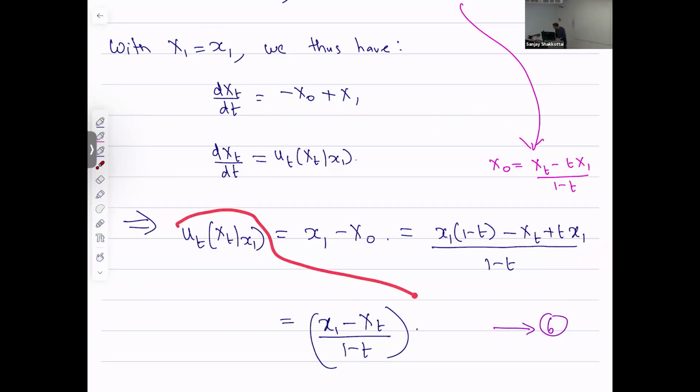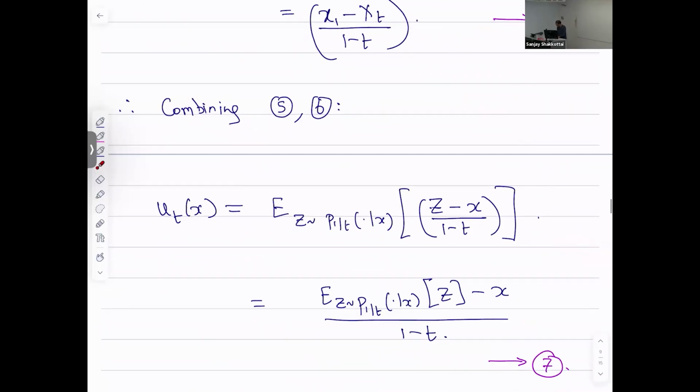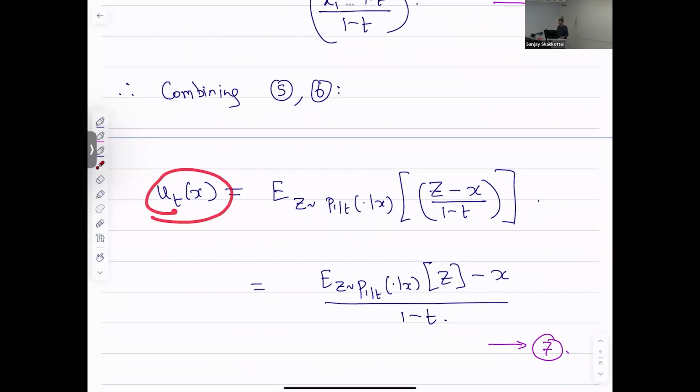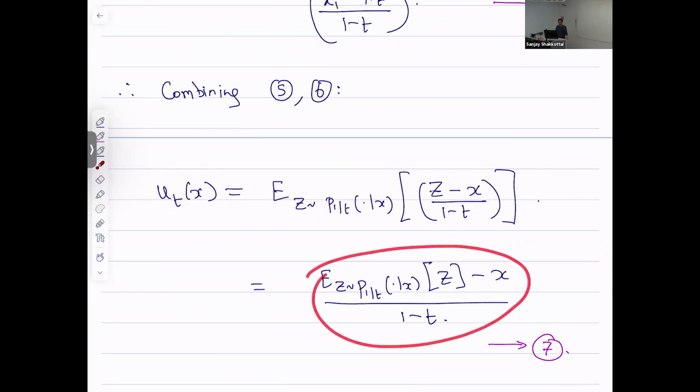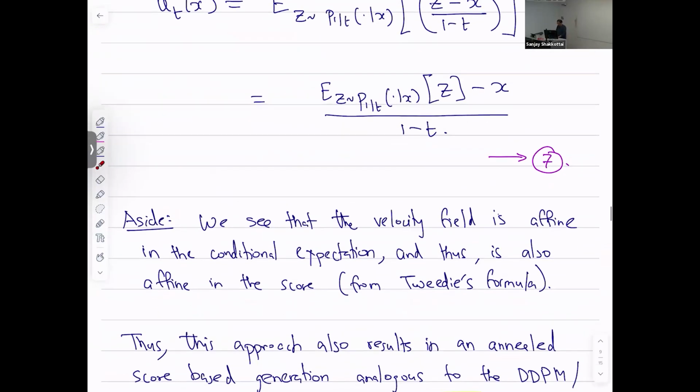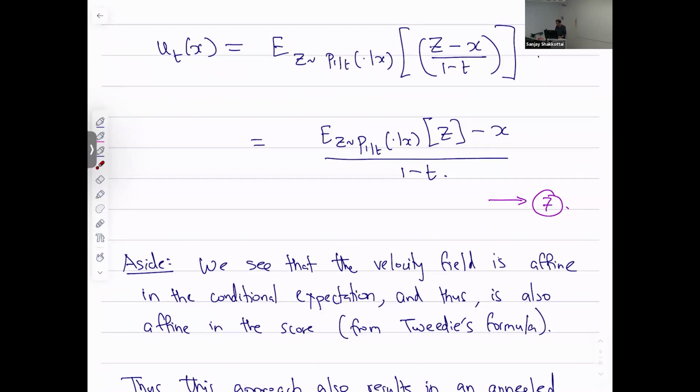So once you have this closed form expression of the conditional velocity field, we are in business, because now we can write the unconditional velocity field through all the expressions we said, using this one. Good. We have got the unconditional velocity field. Now the question is, how do you train a model to do all this?